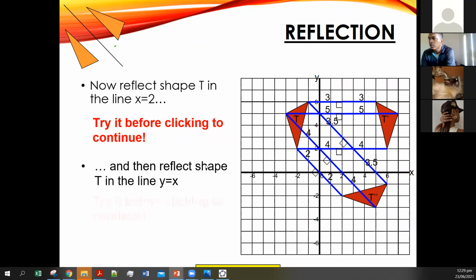Okay, the next one is x equals y. This is a very important one. That is that line over there.